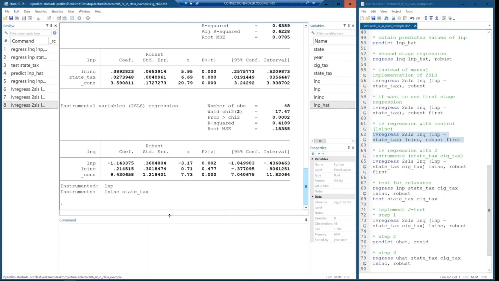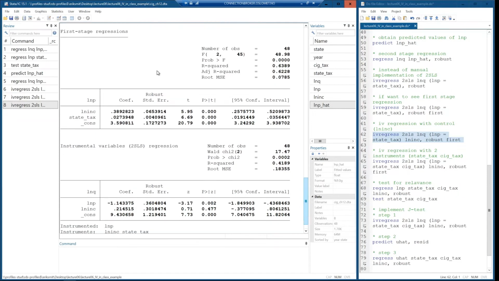If we give ourselves some real estate here, then we can look at the first stage regression up here, and the first thing we can notice is that we have explained the hopefully exogenous part of the logarithmic price variable by using the instrument state tax and a control variable, logarithmic income per capita.